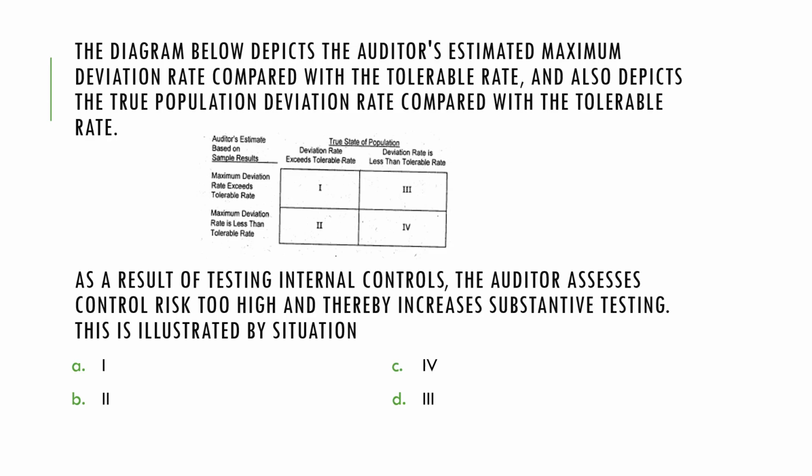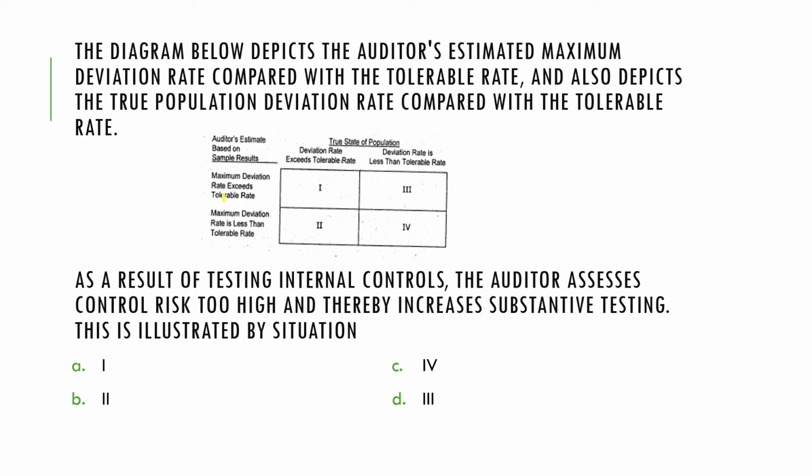We are being asked to identify which of the four quadrants would represent that the auditor has assessed control risk too high. If the auditor assesses control risk too high, that means the sample results show that the controls are not reliable.